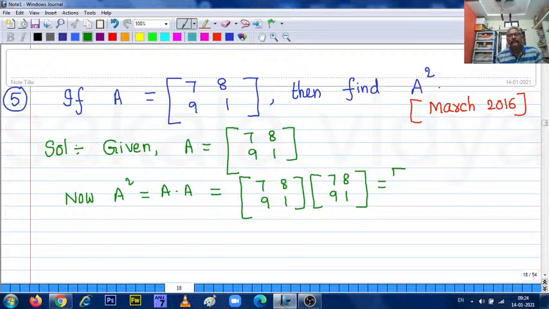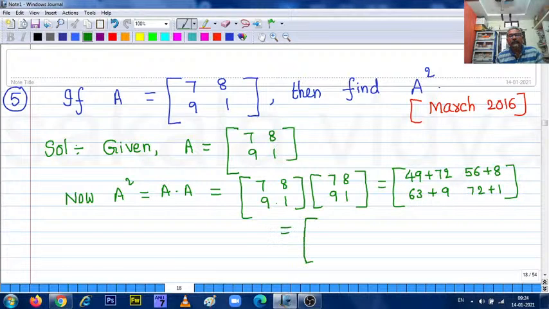So this is equal to 7 into 7 is 49 plus 8 into 9 is 72, 7 into 8 is 56 plus 8 into 1 is 8, 9 into 7 is 63 plus 1 into 9 is 9, 9 into 8 is 72 plus 1 into 1 is 1.